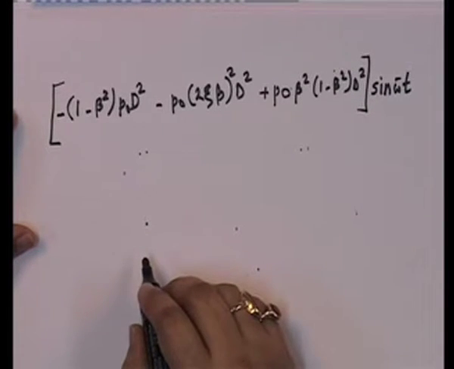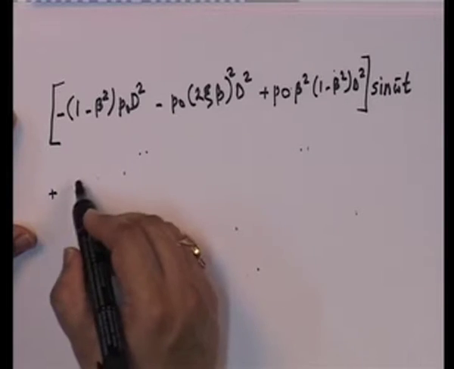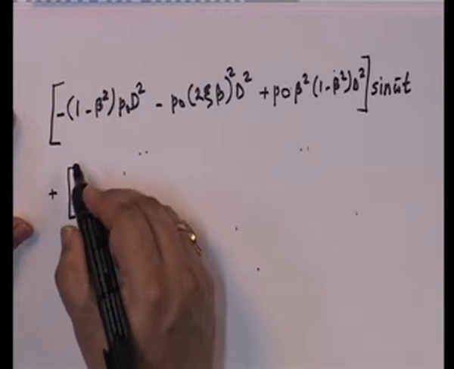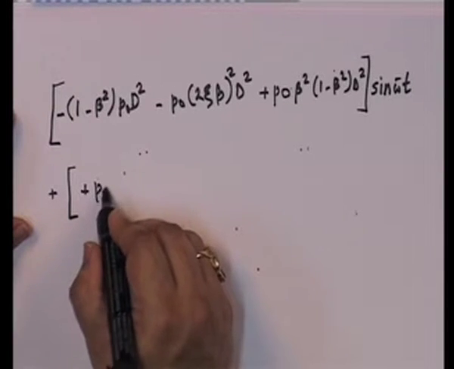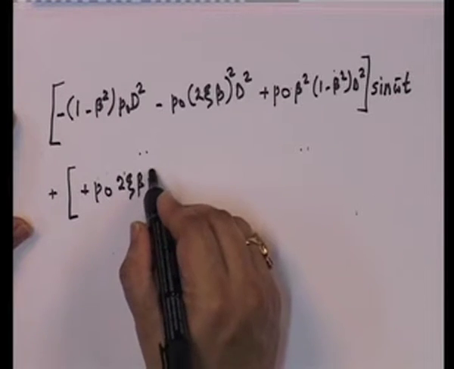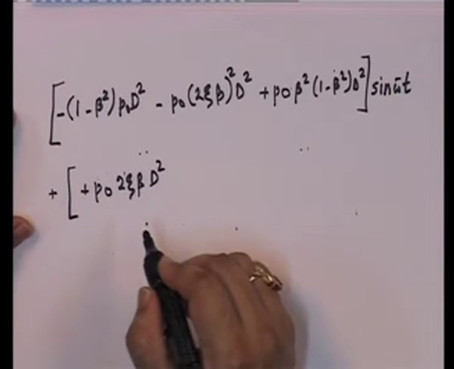This into sin omega bar t. And then the cosine terms, if I put them together, what I get is plus P naught into 2 xi beta d squared.